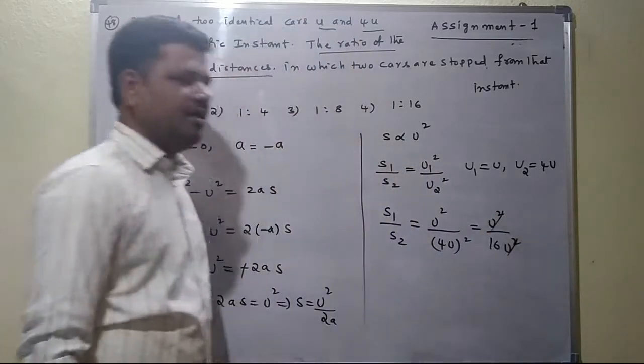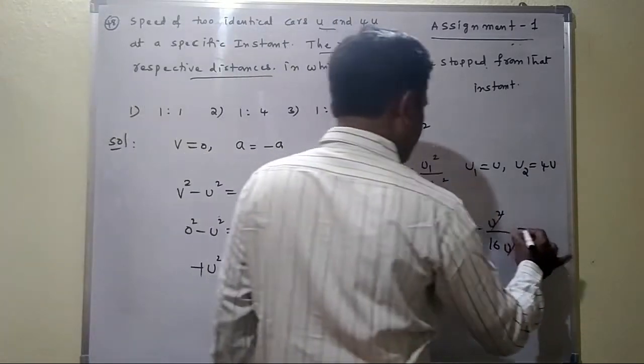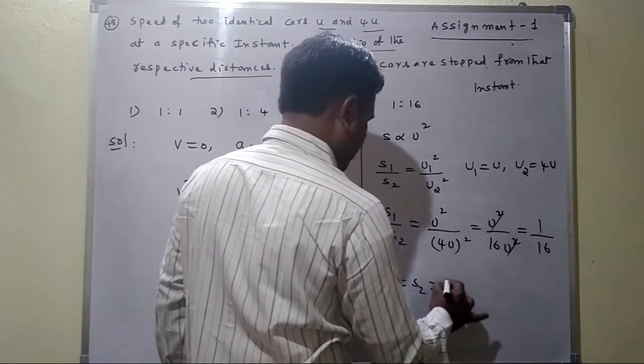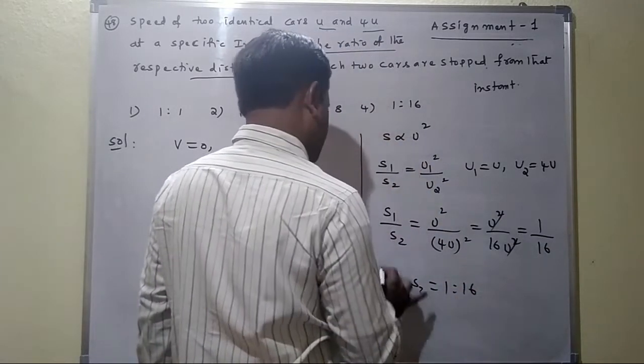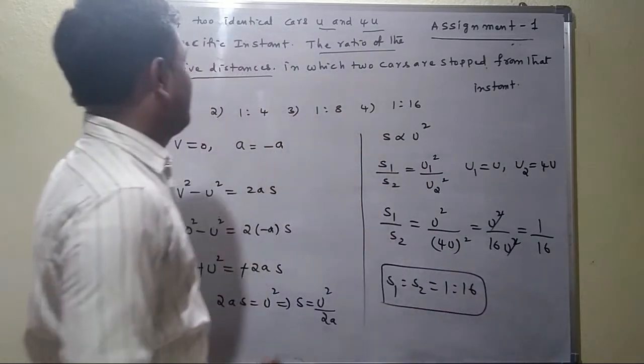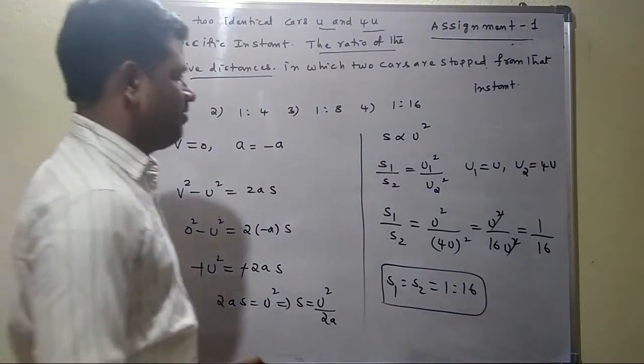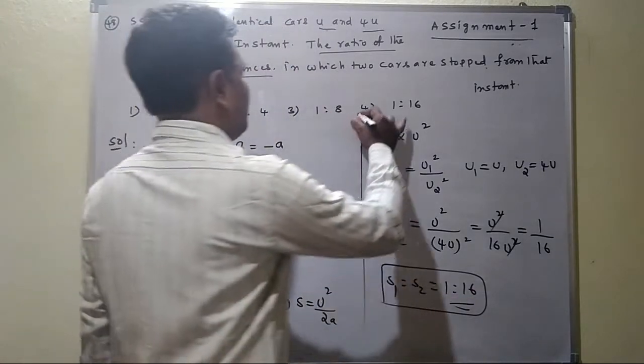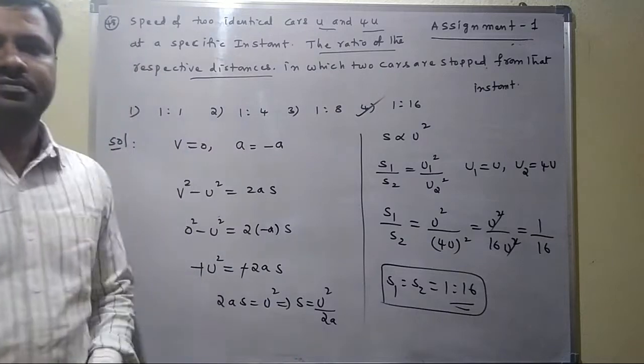The U square cancels, so we get 1 by 16. So S1 to S2 is 1 is to 16. The ratio of the respective distances of the cars is 1 is to 16. So the fourth option is correct.